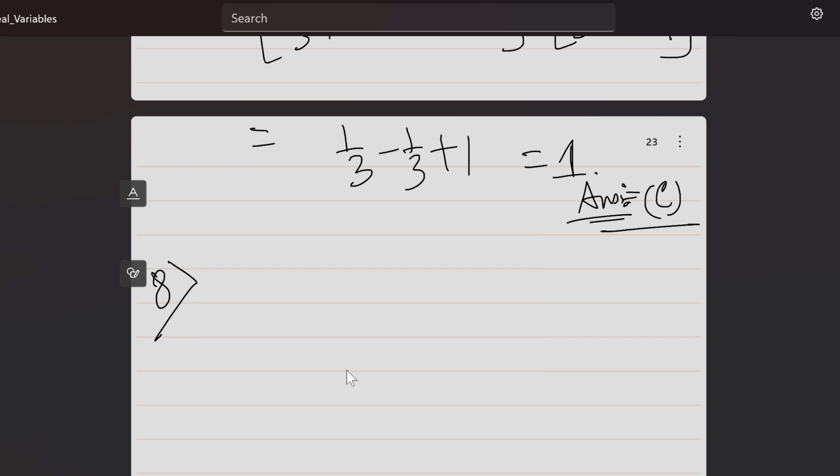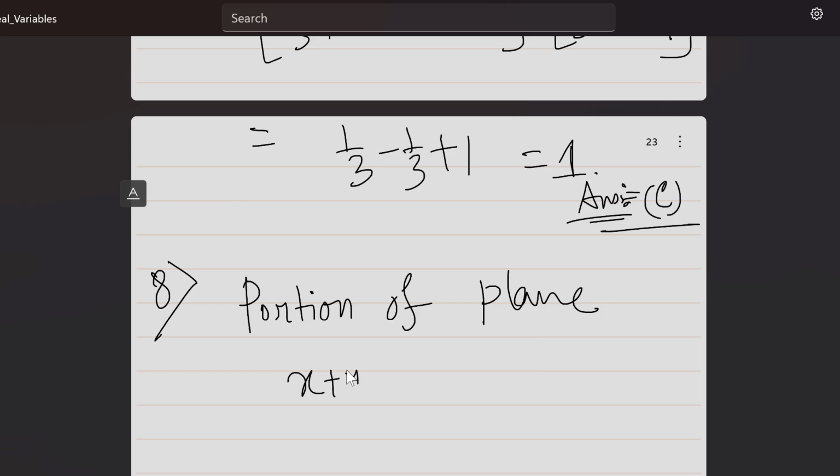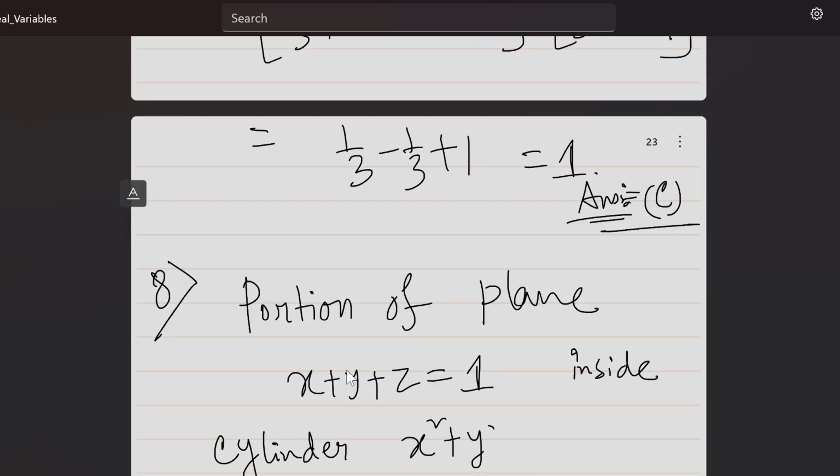You have to find the portion of the plane x plus y plus z equal to 1, inside the cylinder x square plus y square equal to 9.